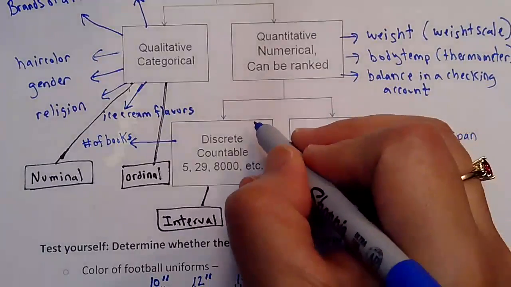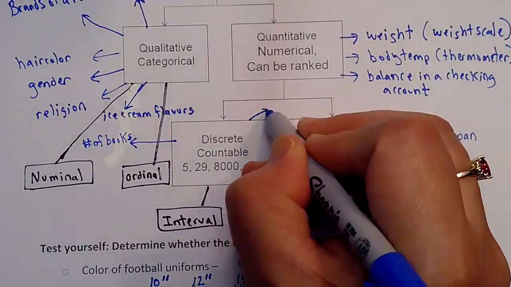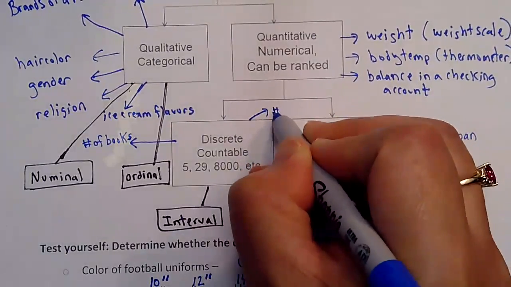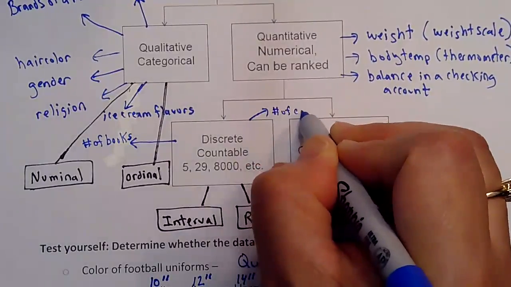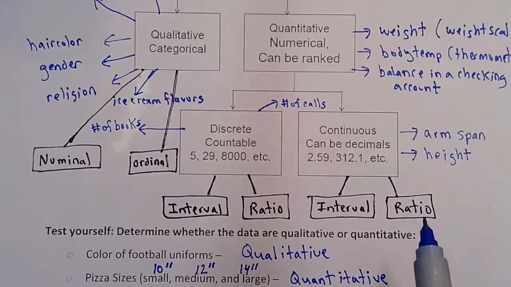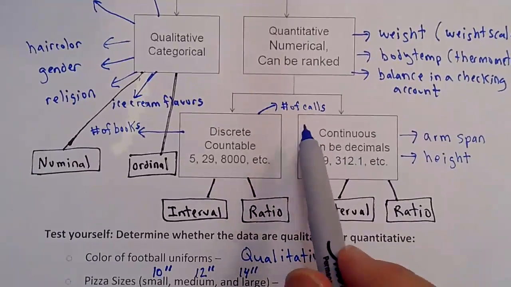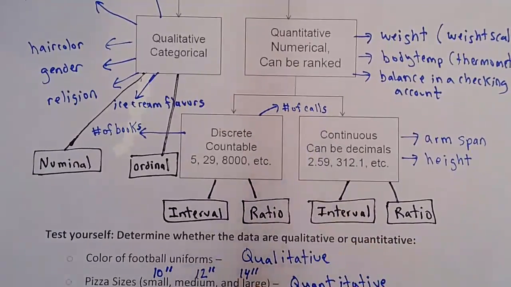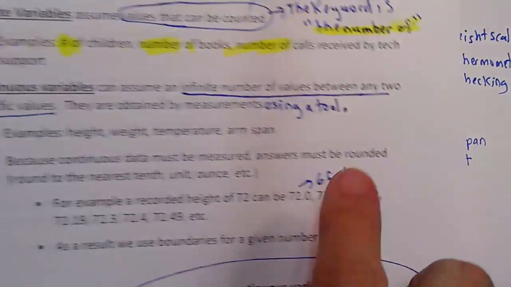I guess we could maybe even go this way here. Number of calls. Those are short. Number of children, but children is kind of longer. We're not going to have much space, so I'll go with calls. Those are just examples from here. That will help. Okay.